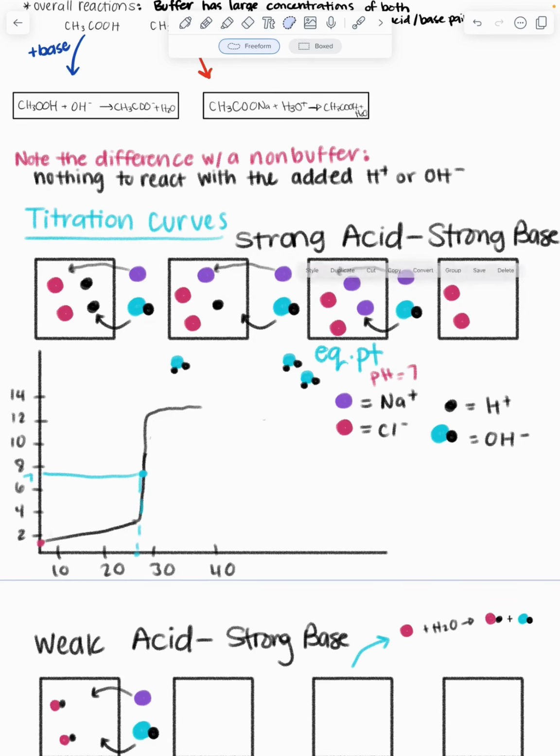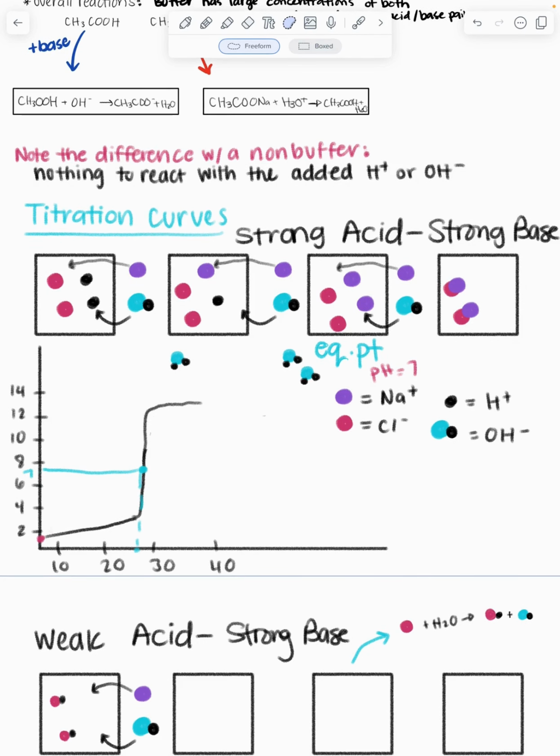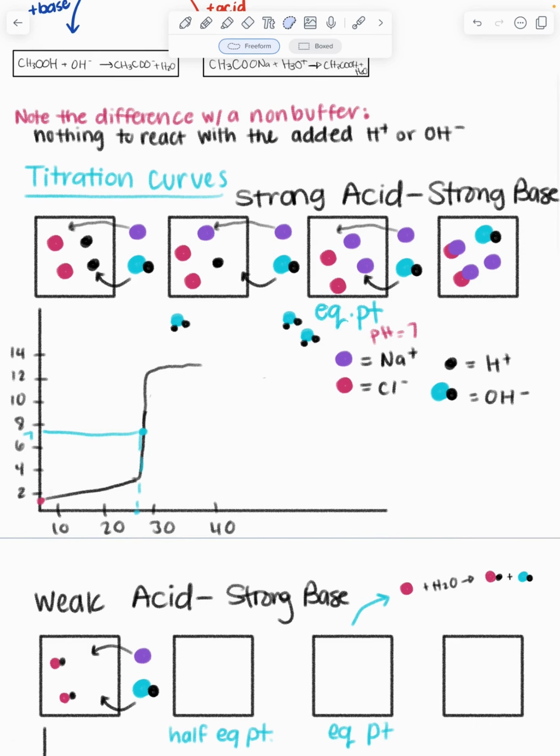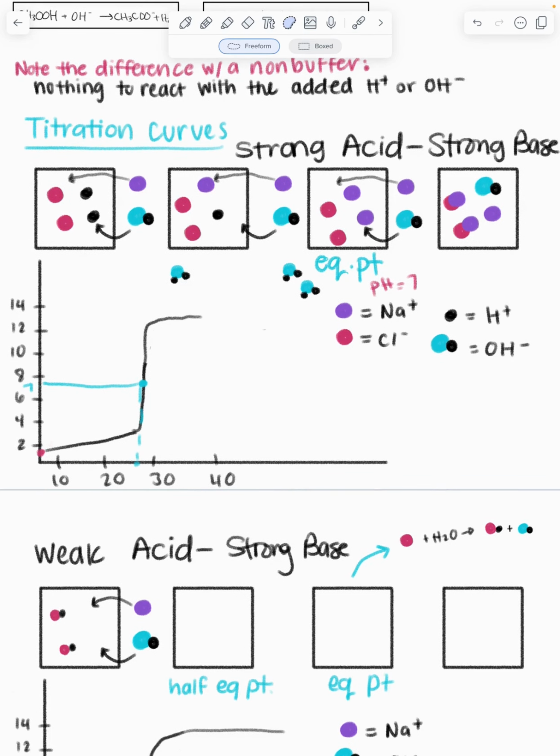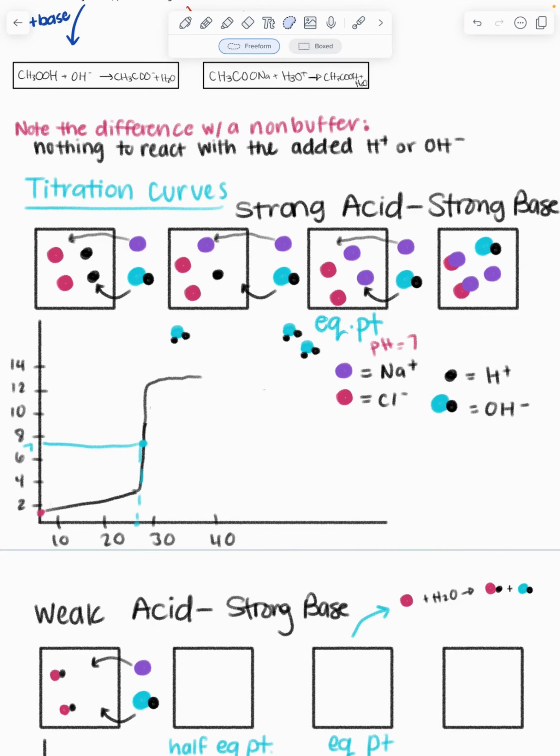Okay, so my particle diagram is going to now no longer fit into this little tiny box, but you get the idea. And then it would just continue to do that as I add more strong base. Okay, so pretty simple, straightforward.